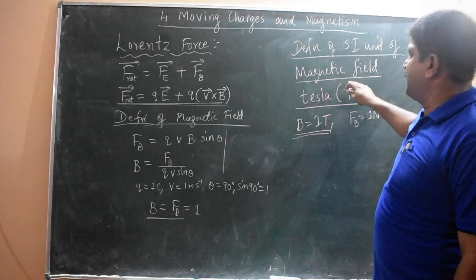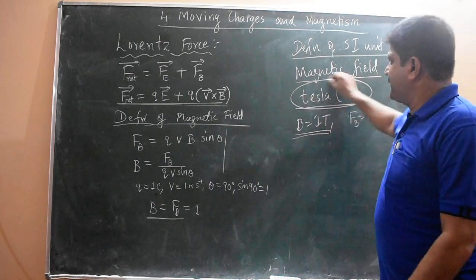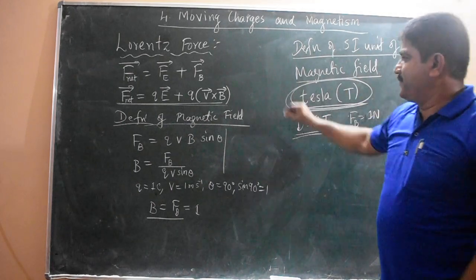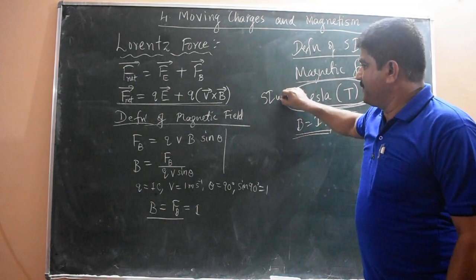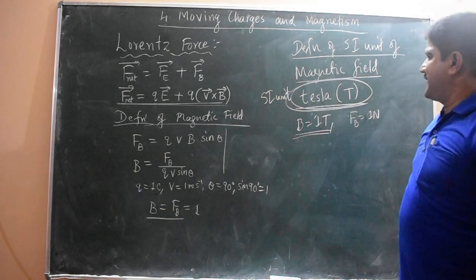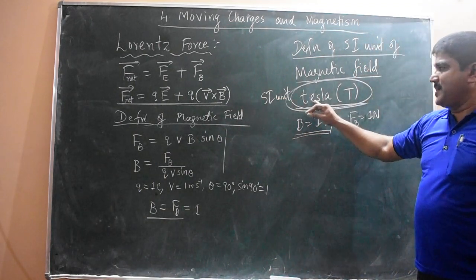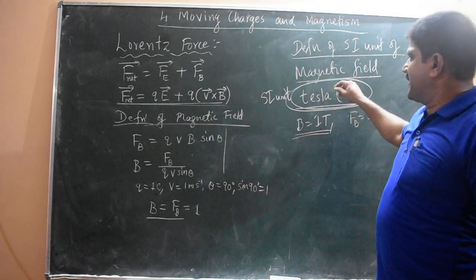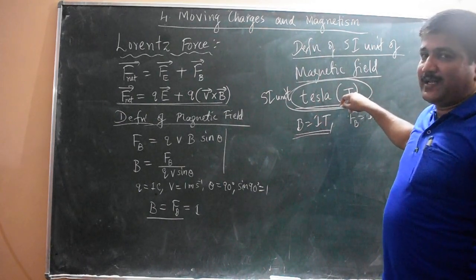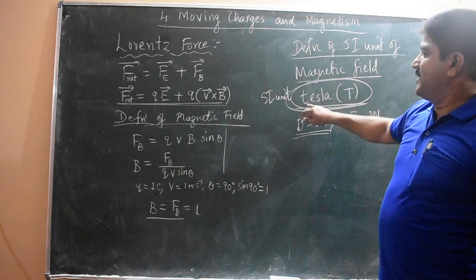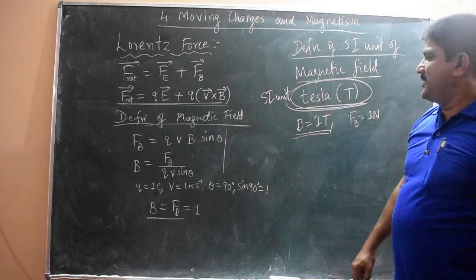The SI unit of magnetic field is Tesla, with capital T as the symbol, and Tesla is the unit name for magnetic field.